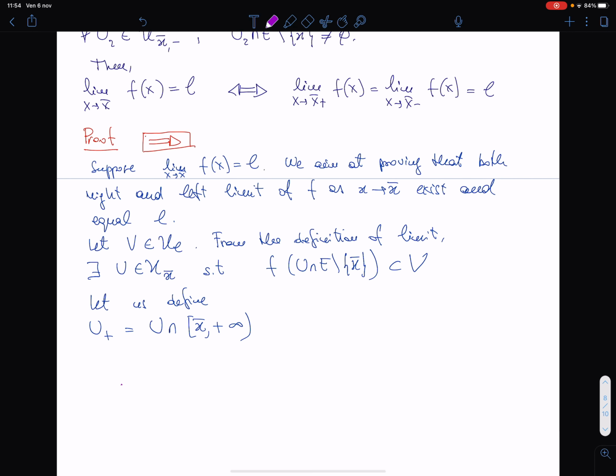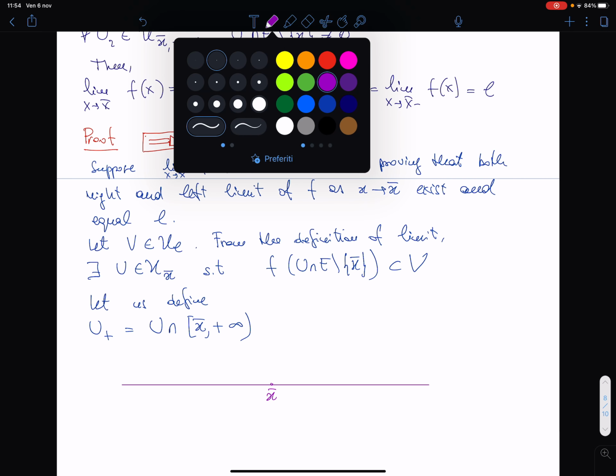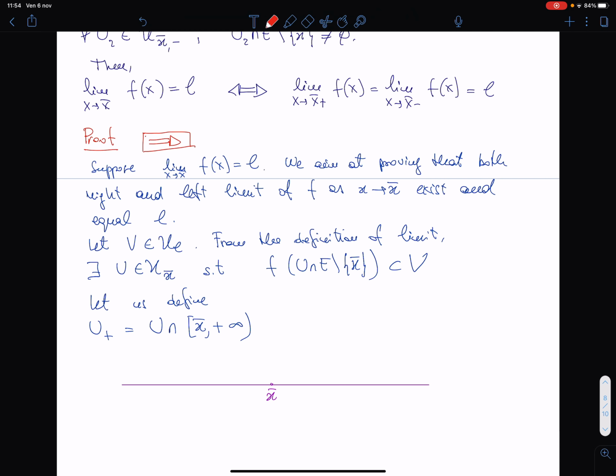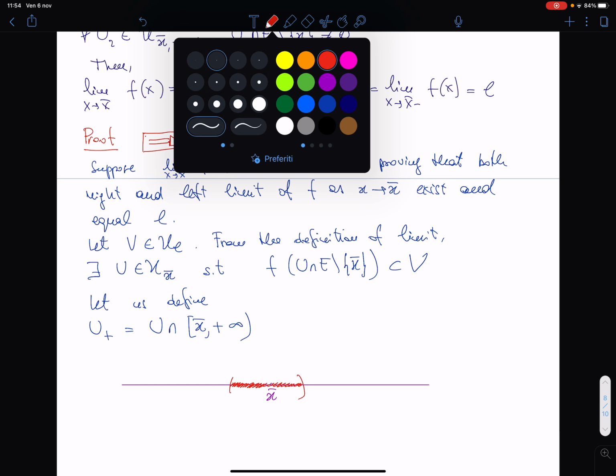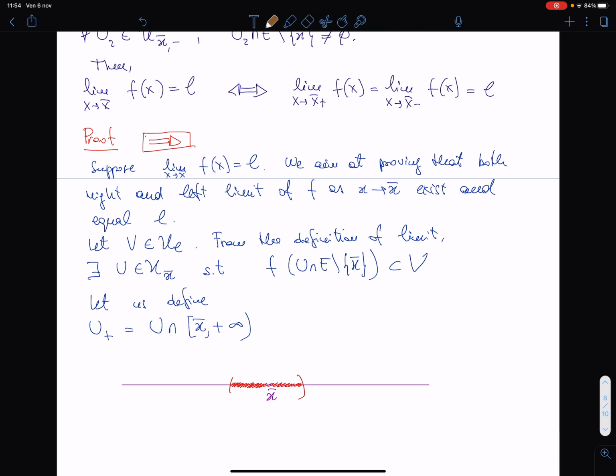So if this is the half line here, U is a neighborhood of x bar. Then we intersect with a half line starting from x bar and going to plus infinity.